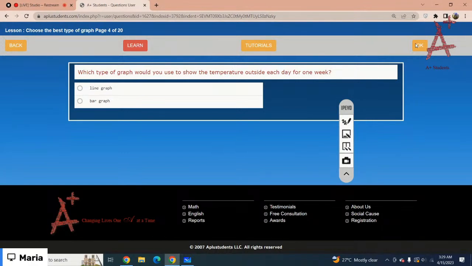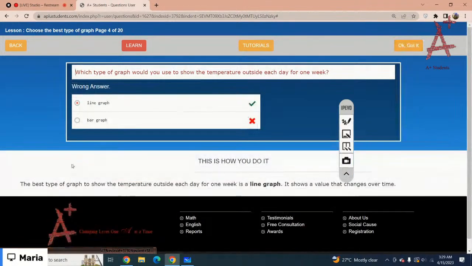For 1 week, you can use a bar graph. I think they are both exactly the same. Line graph, it shows a value that changes over time. Got it? You can use the line graph because it shows a value that changes over time. Got it?